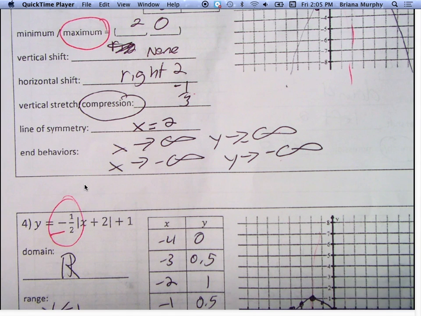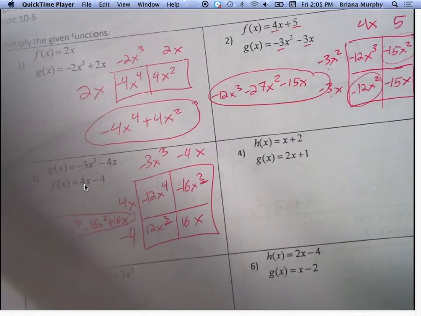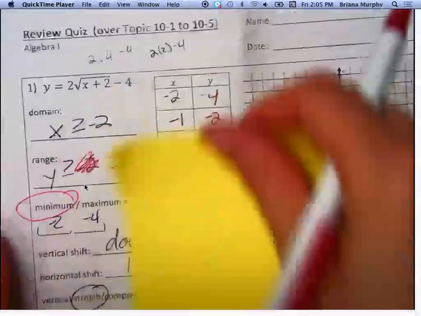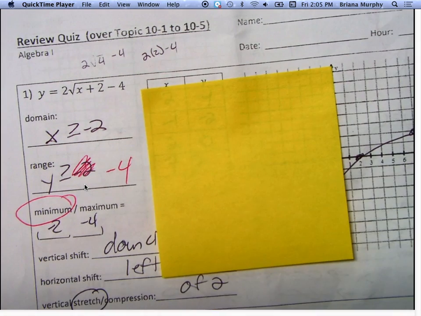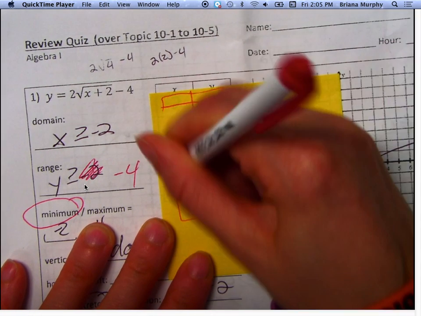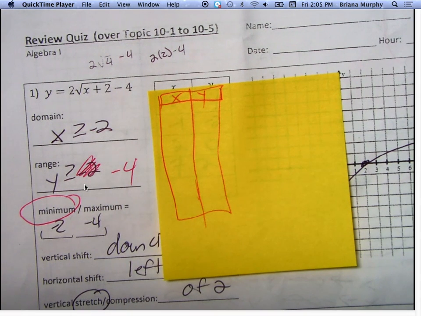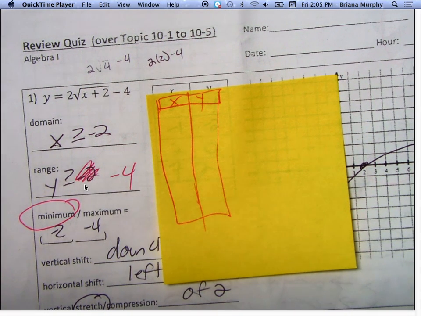Okay, on your quiz, there are some cases where, if we turn to the front real quick, and we were to enter this in, let's say I'm giving you the x values. Let's pretend this is the quiz, with x and y.